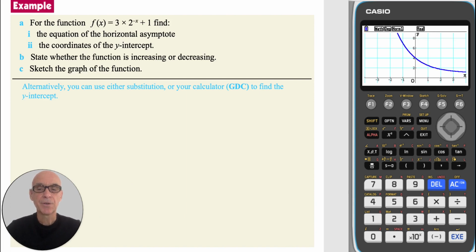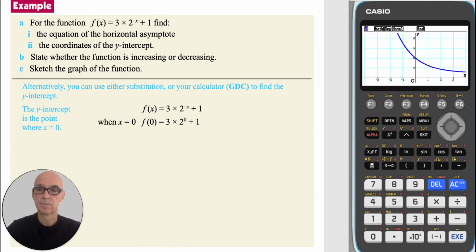Alternatively, you can either use substitution or your calculator to find the y-intercept. The y-intercept is the point where x is equal to 0. So replacing x with 0 in the function again gives the value 4. On the calculator, this is a y calculation.